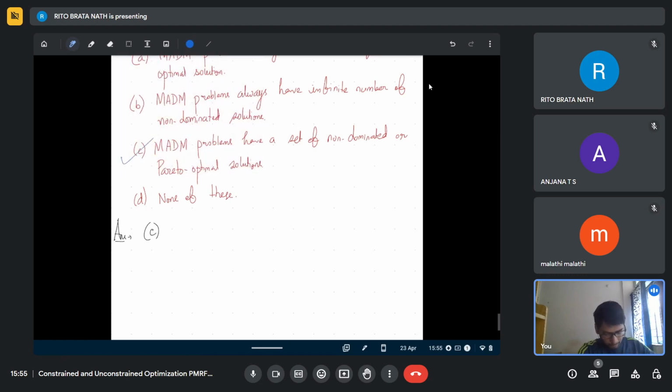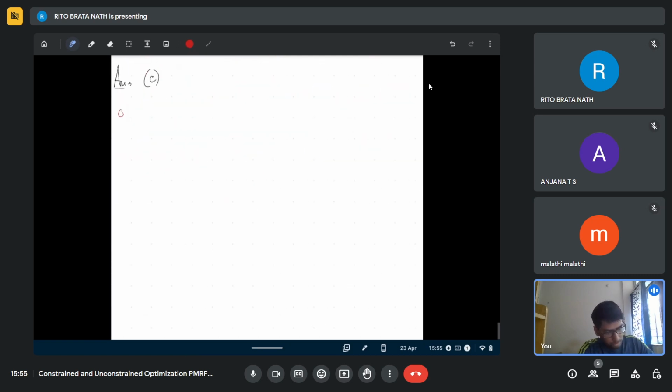Okay, so now let me move on to the ninth and 10th problem. Those are the only two problems remaining in this assignment. The ninth problem is a bit numerical, but it's not that difficult. It's straightforward, and I think it was discussed in the classes.